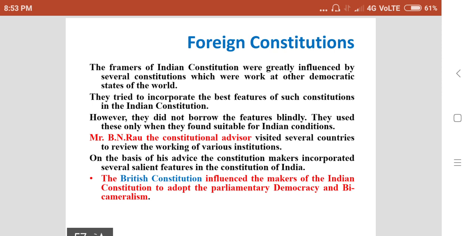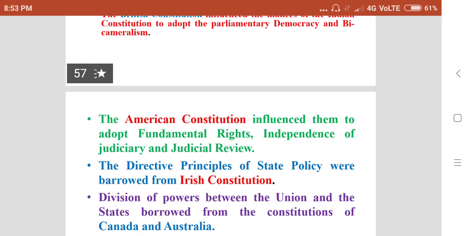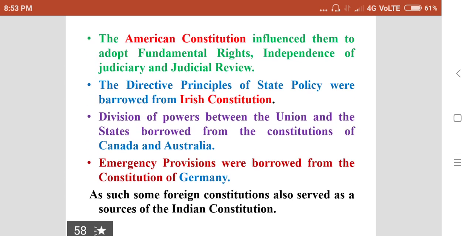The British Constitution influenced the makers of the Indian Constitution to adopt parliamentary democracy and bicameralism. So, the parliamentary system we are practicing today is borrowed from the Constitution of Great Britain, and also the bicameral system. So, we have two chambers in our Indian parliament.